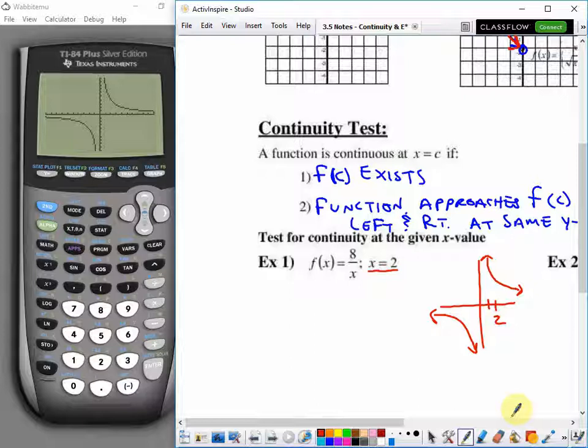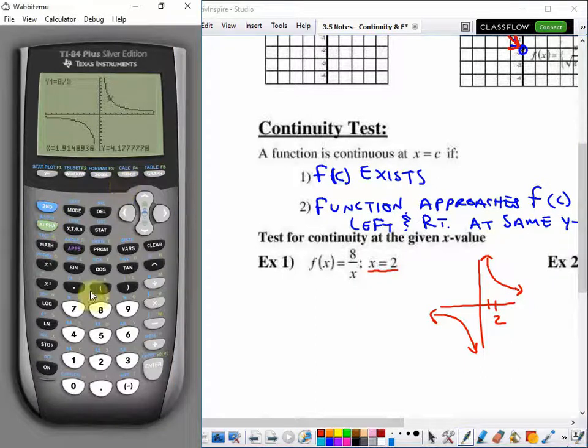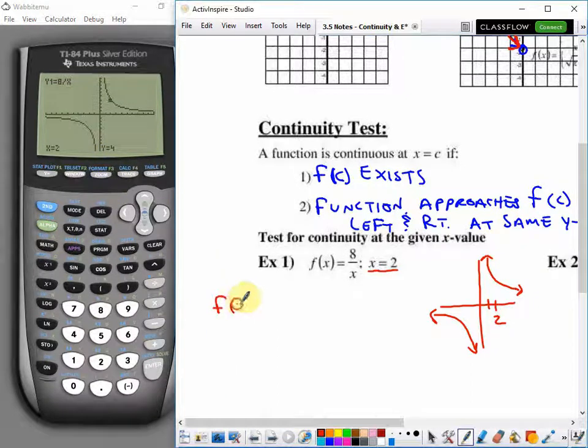The first thing we need to find out is whether or not f of 2 exists. So what I'm going to do is trace 2, enter, and I get an output of 4, so that tells me f of 2 exists. So when x is 2, y is 4, that x value actually exists on the graph. It passed the first test of continuity.